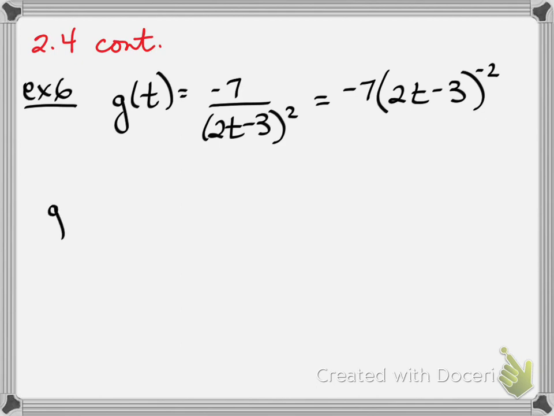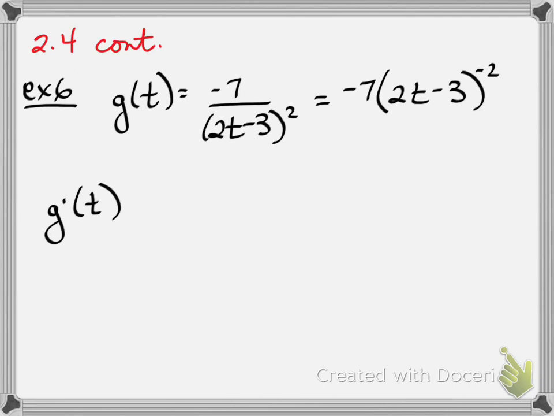So now when we're ready to take our derivative, we can do the general power rule where this comes down and it's, oh, let me back up. You notice how we have a chain rule situation? We have an outside function, and then we have the inside, the 2t minus 3.